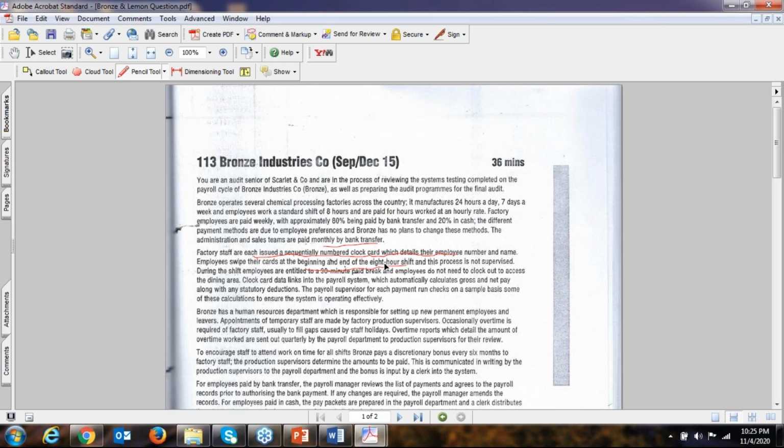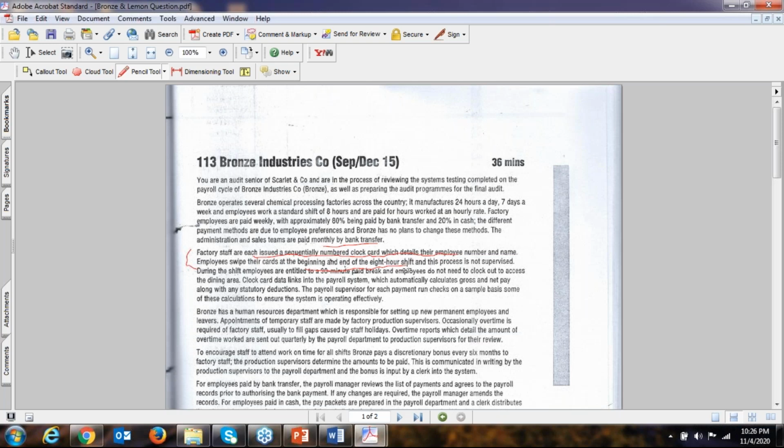The important thing which the auditor needs to mention is why it is a key control, what is the advantage of this key control. I'm waiting for your reply: the factory staff are issued a sequentially numbered clock card which details their employee number and name, and employees swipe their cards at the beginning and end of the 8-hour shift.